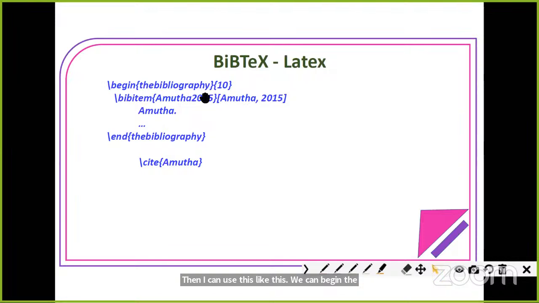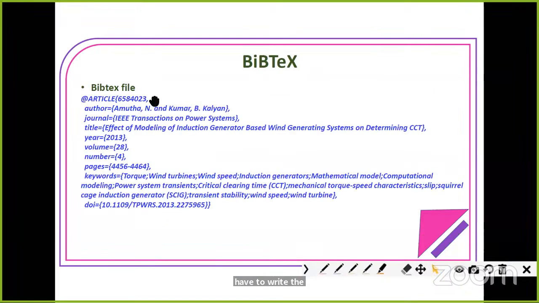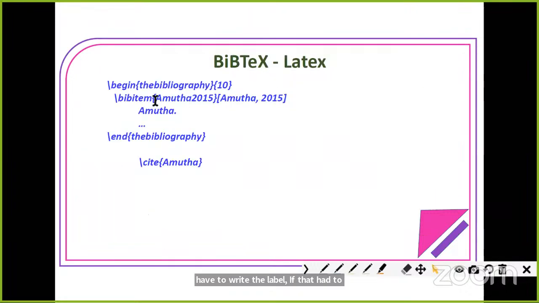Within the bibliography environment you can use bibitem for each entry, and then I have to write the label name, like I told you now. So here I have used some label name of 2050, and how it has to be displayed I am explicitly mentioning here. And then whatever the author name, title name, everything I can write like this also.